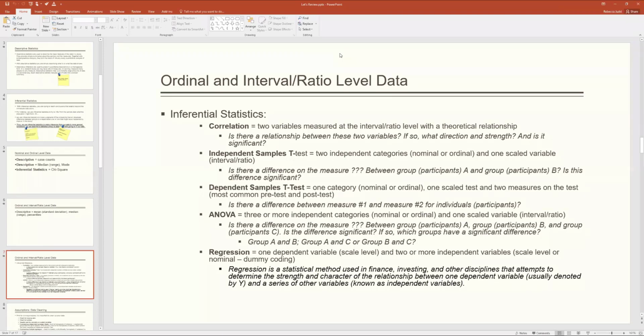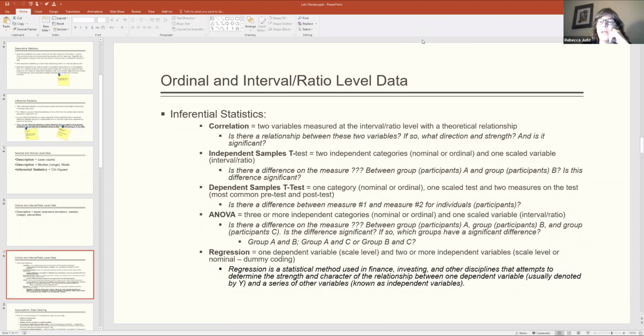We did the independent samples t-test last week. And that requires two independent categories, and one scaled variable. So in the two independent categories, I say it can be nominal or ordinal, but you have to have categories where individuals aren't going to be duplicated.